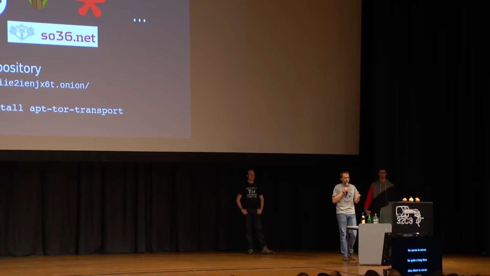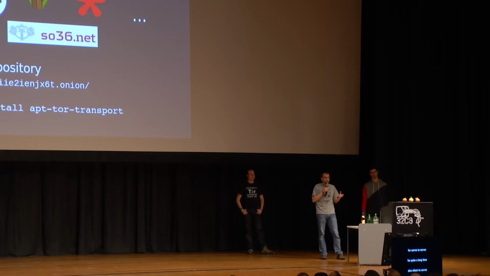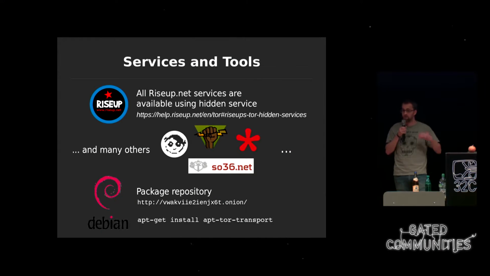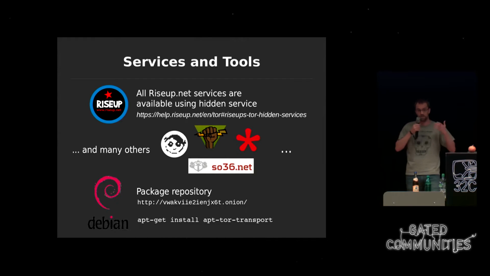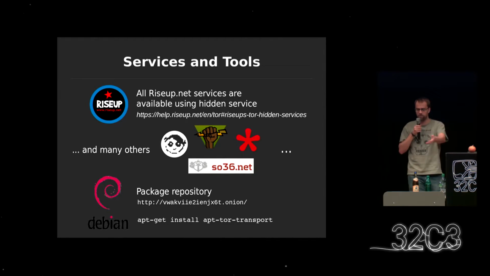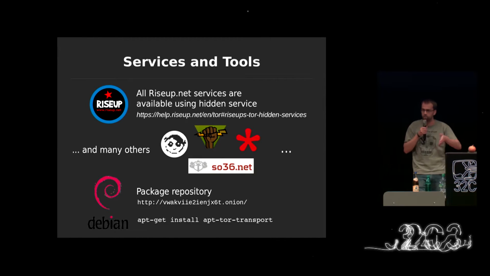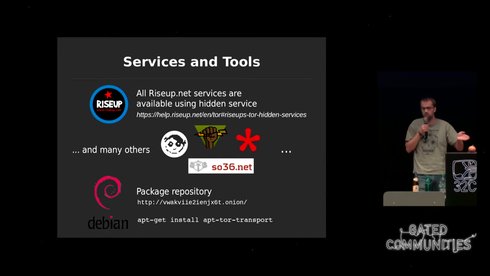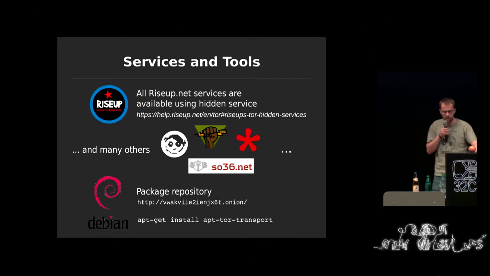Another neat thing that happened very recently is that Debian created a package repository, and now you can use an Onion address to just update your Debian system. You use this amazing package, apt-transport-tor, and you can update everything through an Onion address. It will detect it automatically.